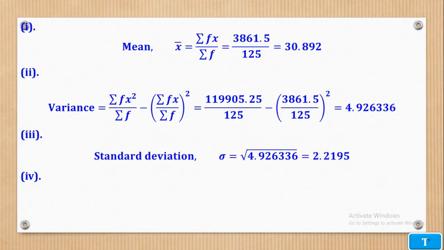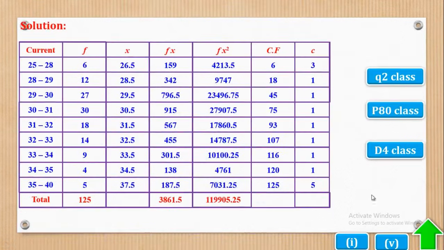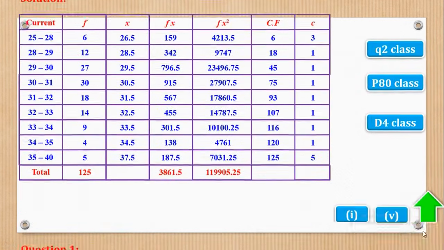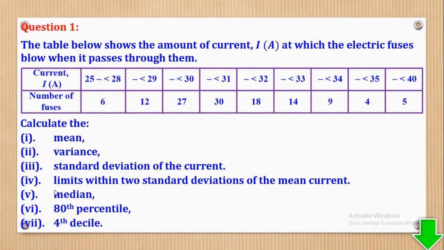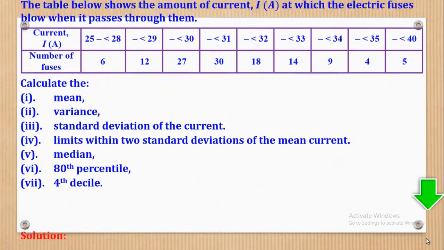Now next, Roman 4 had some English there. Let's see how it was. Here they said limits within 2 standard deviations of the mean current. What does that mean?